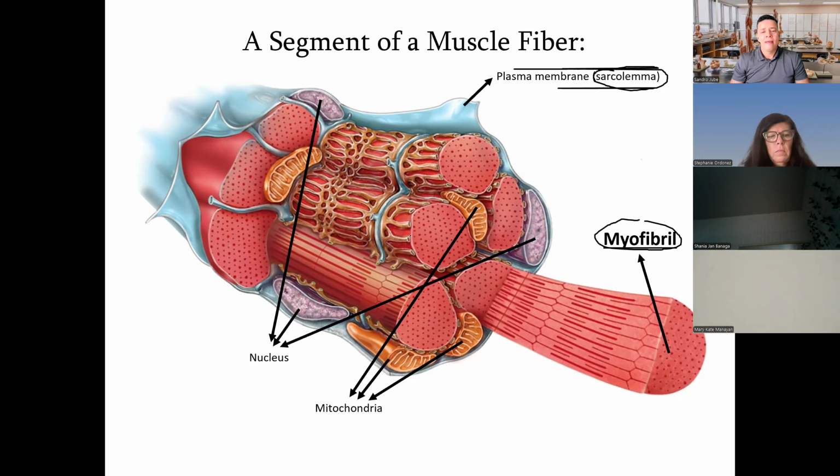And then wrapped around the myofibril, we have a special organelle that is only found in a skeletal muscle cell. I want you guys to remember the name, because about 5 minutes from now, I'm going to ask you the name of this organelle.